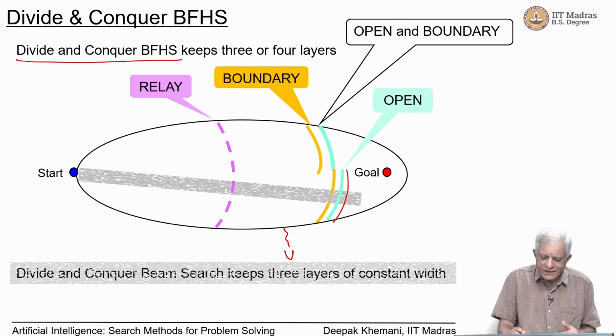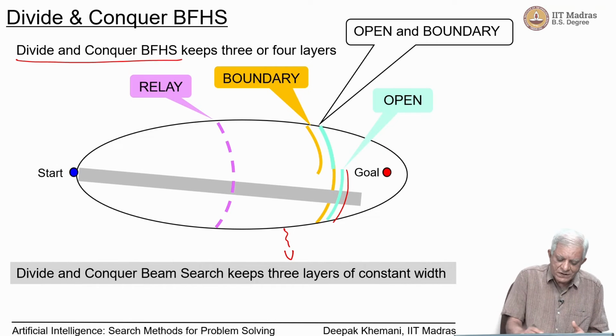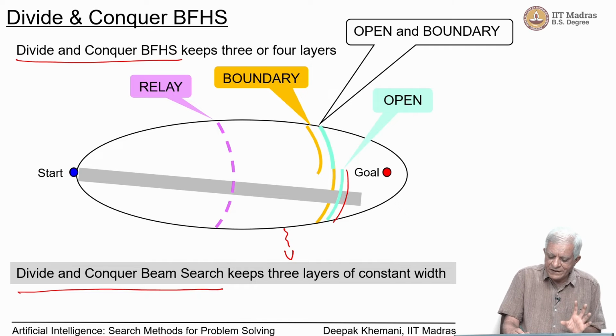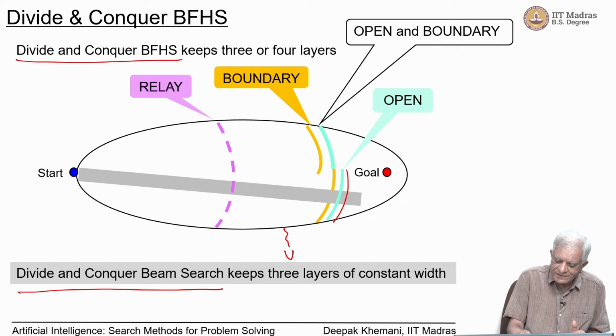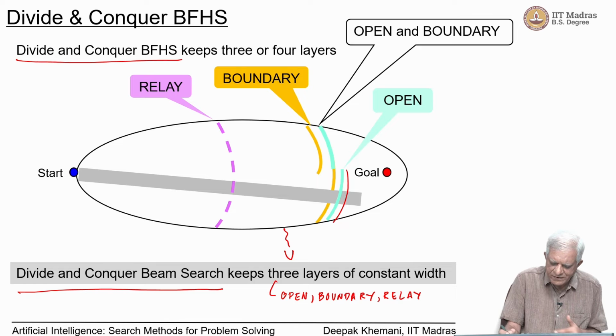We can extend this idea to divide and conquer beam search, and it keeps only 3 layers of constant width. What are the 3 layers? One layer is open, the other layer is boundary, and assuming that there is only one relay layer, the third layer is relay, but in principle you could have more than one relay layers.